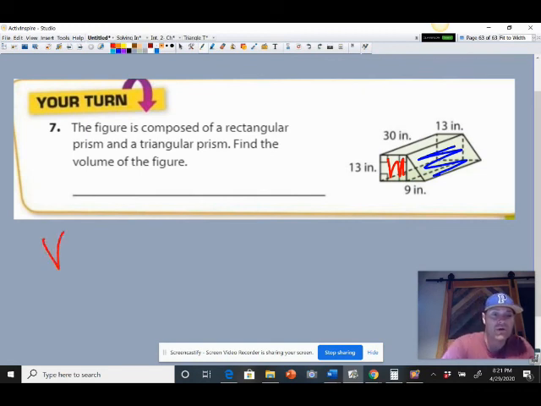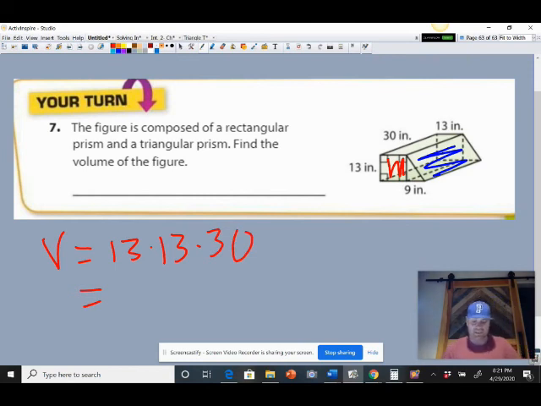I will let you use a calculator for this one. So we're going to find the volume of the rectangular prism first, and that is just going to be length times width times height. So we've got length of 13 times 30 times 13. So we're going to go 13 times 13 times 30. I know 13 times 13 is going to be 169.